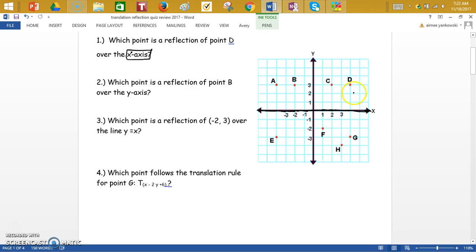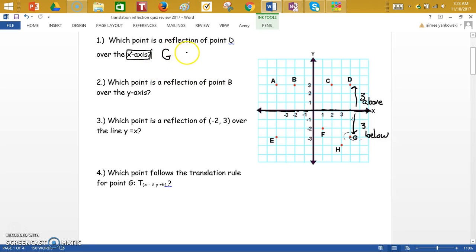So you know you're 1, 2, 3 above the x-axis, so you need the point that is 1, 2, 3 below the x-axis. So it will become point G. And you just remember, because D was 3 above, and you've reflected it over the x-axis, it's going to be the point that is 3 below.